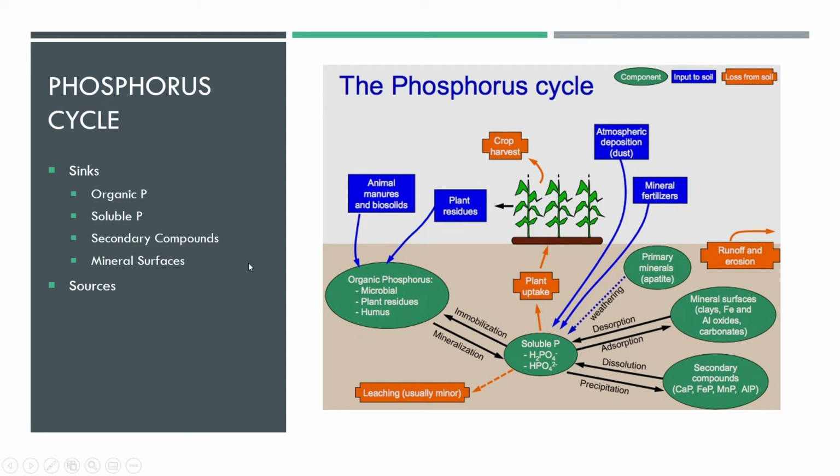Okay, different from the nitrogen cycle, I'm going to label sources, because we can get these from a couple different places. One particular reason is primary minerals. Unlike the nitrogen cycle, we can get phosphorus from rocks. I thought this was a source and not a sink because nothing ever goes back to a primary mineral.